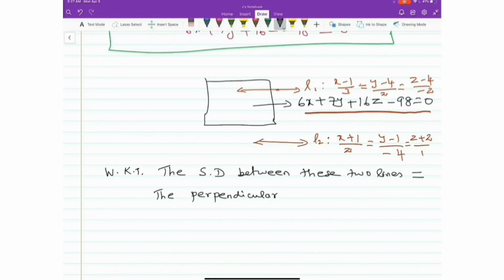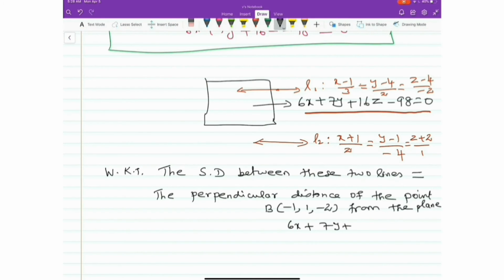The perpendicular distance of the point, let me take it as B, minus 1, 1, minus 2, which is the point on L2, from the plane 6x plus 7y plus 16z minus 98 equal to 0. So this statement is very, very important.